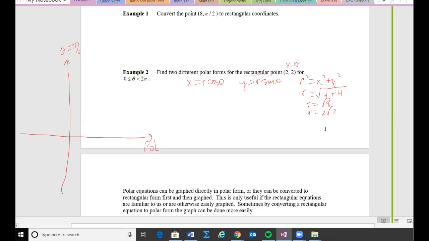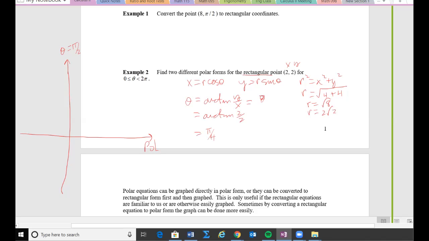Okay, now we've got r, we need theta. Well, theta is the arctangent of y over x, which in this case is arctangent of 2 over 2, which is a 1, so it's pi over 4. So there's one angle that's pi over 4, and that one fits.